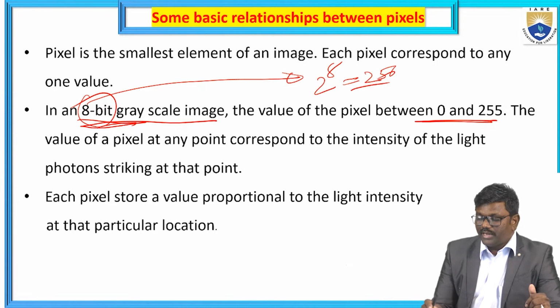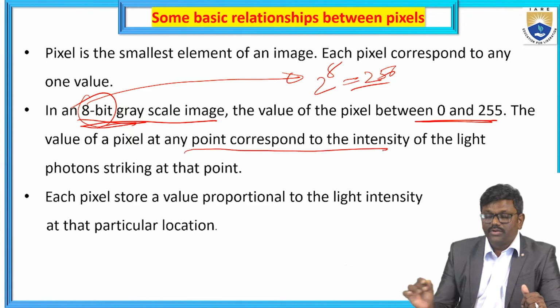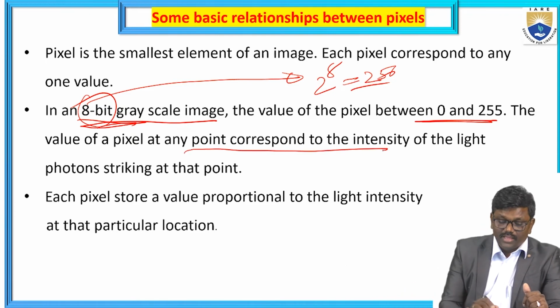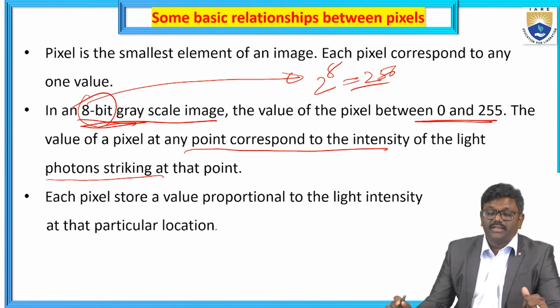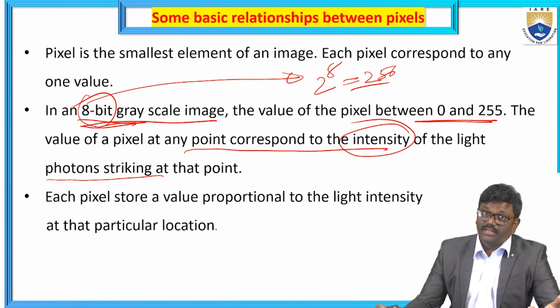That relationship we are finding in terms of the intensity of the light photons striking at any point. So intensity plays a vital role in deciding whether pixels have a relationship or not.